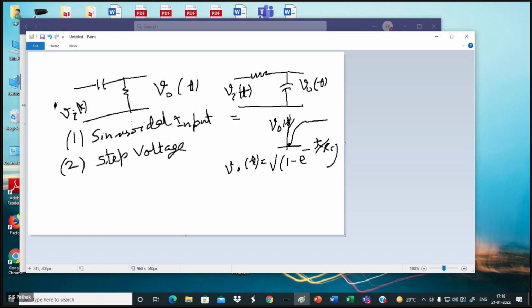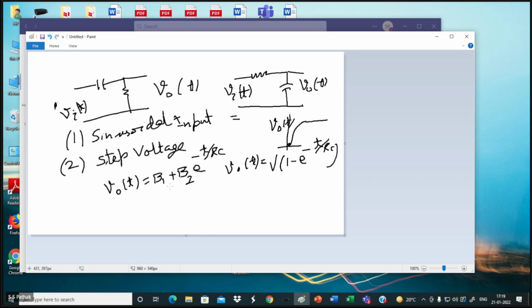So to solve this equation, we put V naught t equal to, let us say, B1 plus B2, these are constants, e to the power minus t by RC. That's how it will be charging according to this t. What B1 and B2 are, that we have to evaluate here.